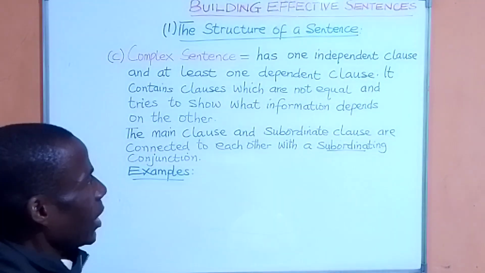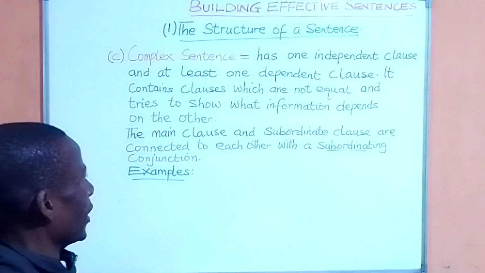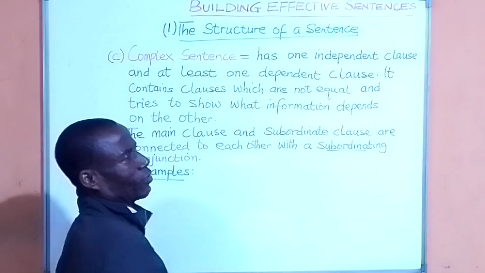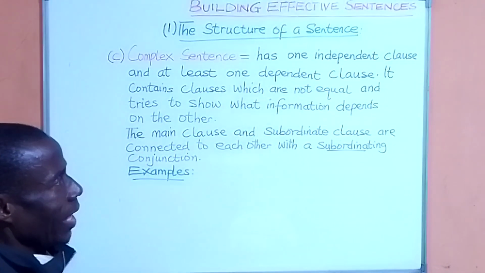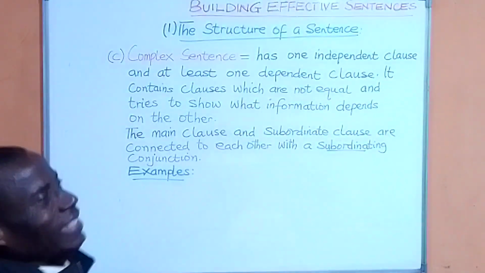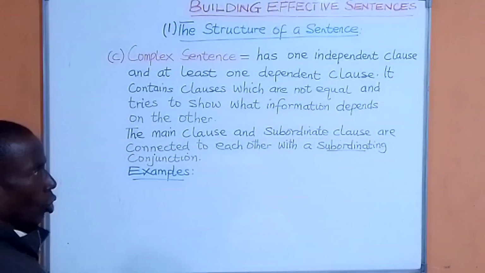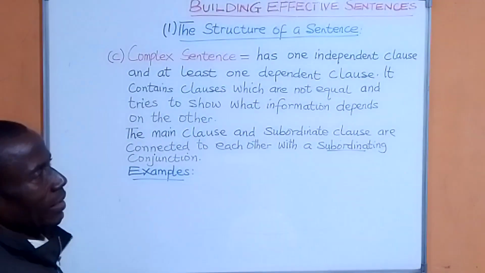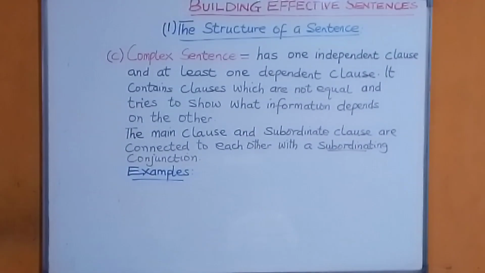It is formed on its own. But the second clause is coming as a result of the first clause. It's the first clause that generates the second clause. But the second clause is more important than the first clause, the independent clause.